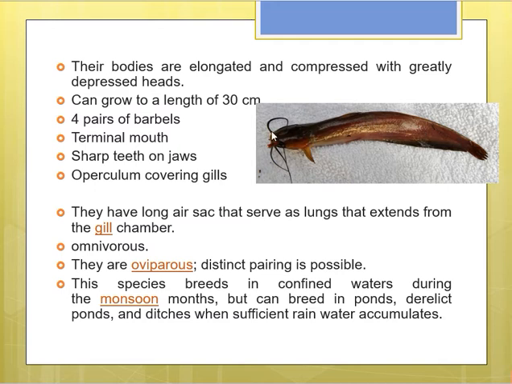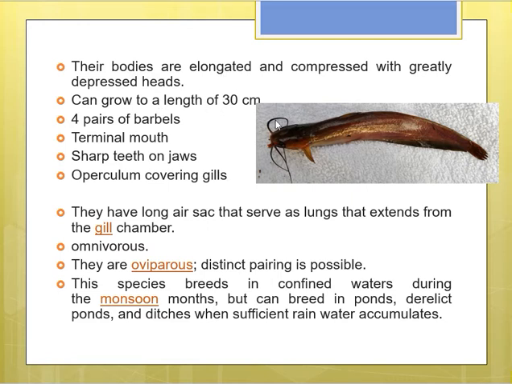The head, you can see, is dorso-ventrally flattened, but the tail and the trunk are laterally compressed. The tail and the trunk show side to side flattening, and it can grow to a length of around 30 centimeters.